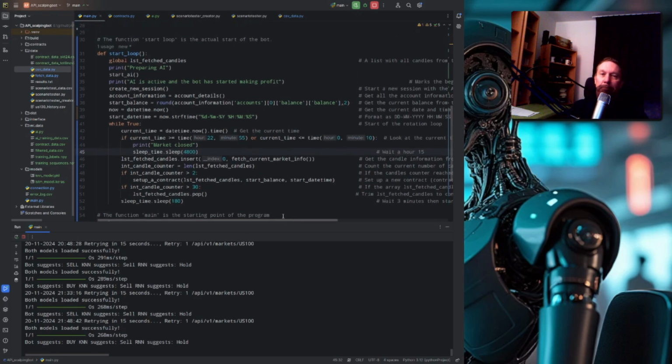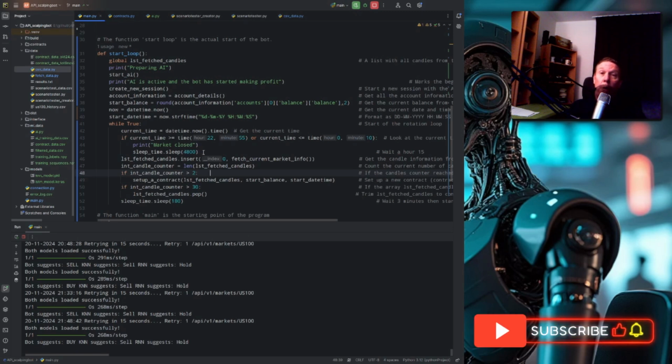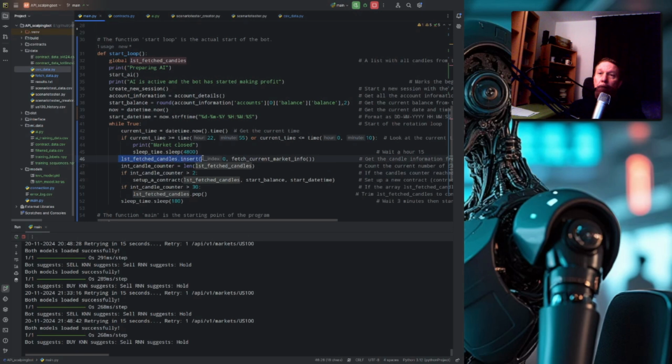I changed the sleep time of the market closed. I saw yesterday that even after a 4,500 second sleep, 1 hour and a quarter, as long as it is from 5 to 11 until 10 past 12, it fetched the first candle and the market was still not there.